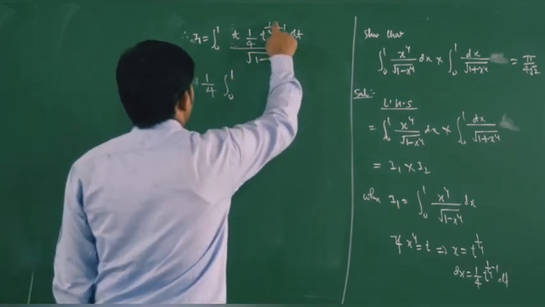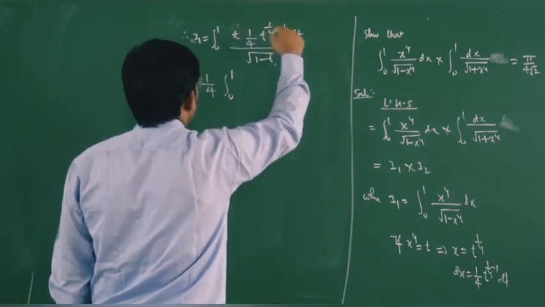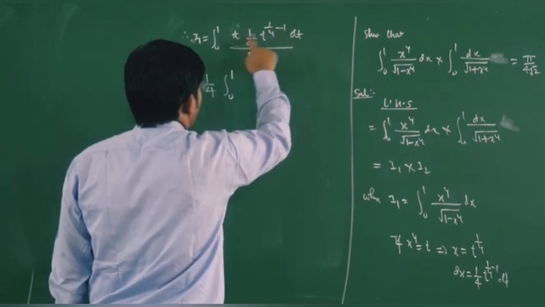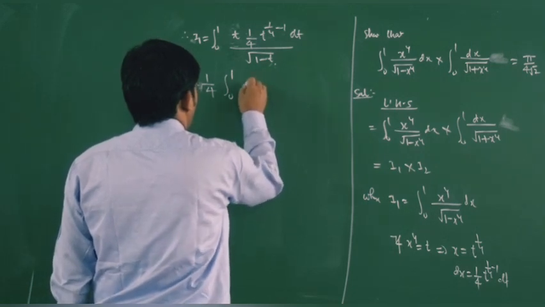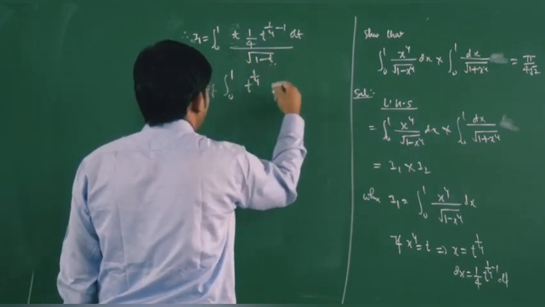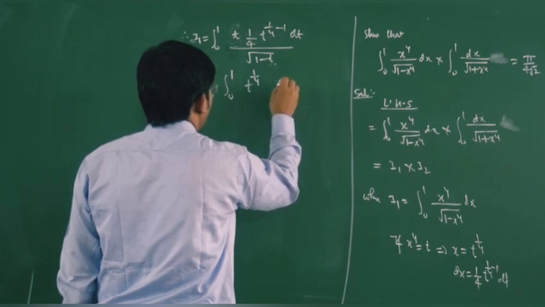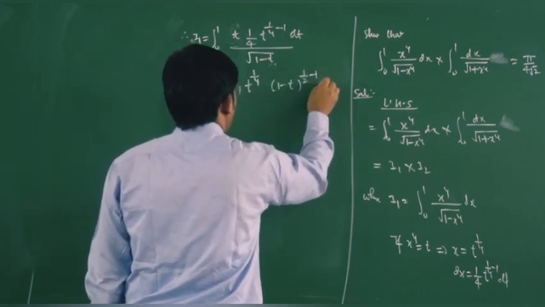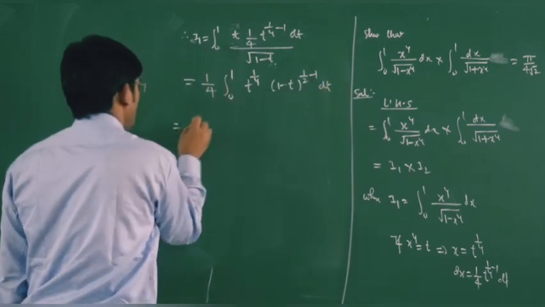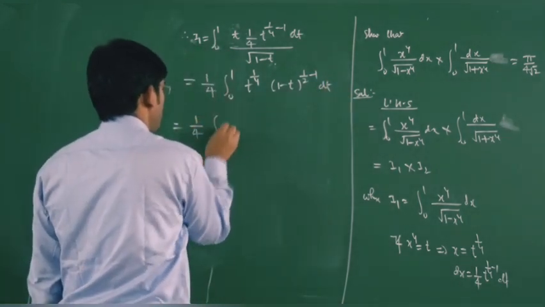Now this will be 1 by 4 plus 1, so the plus 1 and the minus 1 will get cancelled. So we have t power 1 by 4, and then 1 minus t power minus half, which we can write as half minus 1.